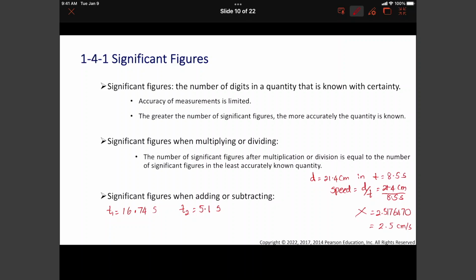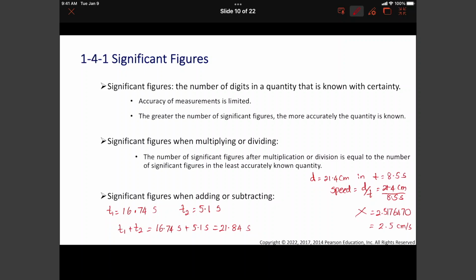What is the total time for the two measurements? T1 plus T2 is equal to 16.74 seconds plus 5.1 second. The answer is 21.84 seconds. So now, is the answer correct or not?